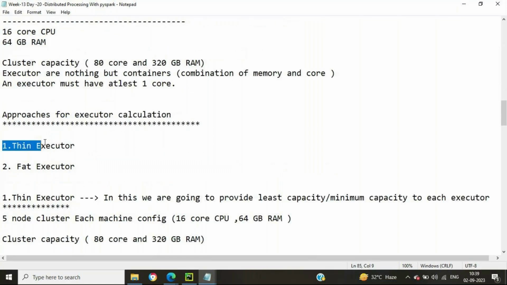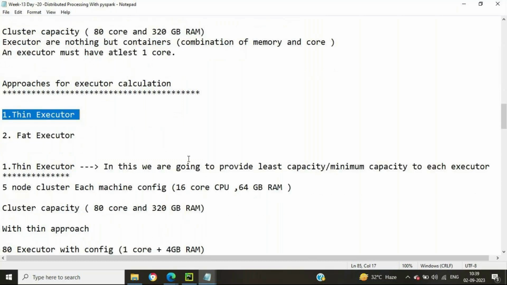With thin executor, our main approach is to provide minimum resources, meaning at least one core should be given to one executor. So one core plus memory, that is thin executor. For fat executor, maximum resources are given to a particular executor.